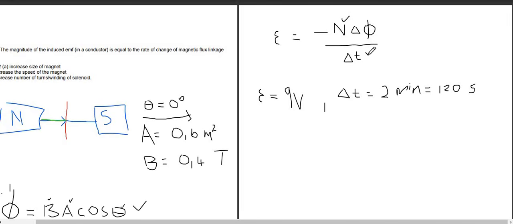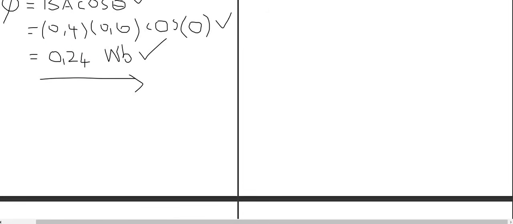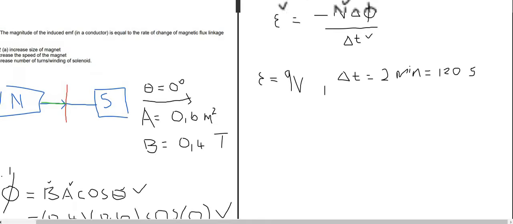So I also have this, and this is what I'm looking for. This is the missing thing, the number of turns. So I'm seeing that if I have this, I'll also need to find the change in the magnetic flux linkage.